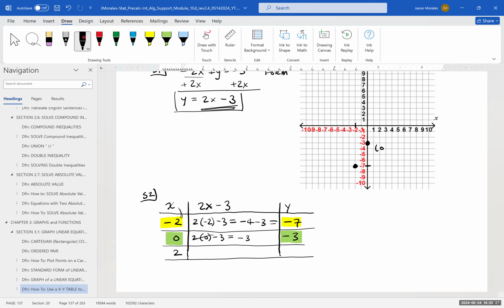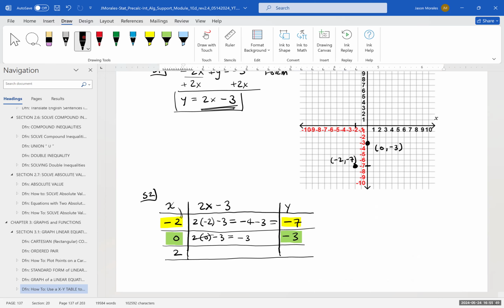I'm going to write down the coordinates for that ordered pair there, and then the coordinates for this ordered pair over here. I didn't put the coordinates for the first ordered pair because I wasn't quite sure where the line was going to go, and I didn't want to write down those coordinates and have to erase it.